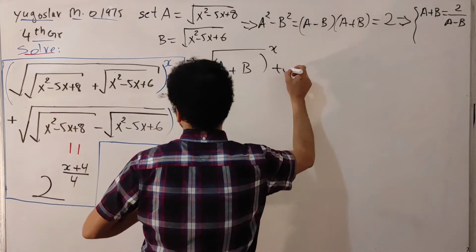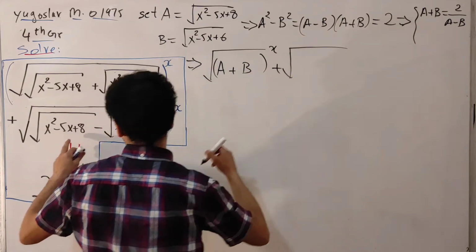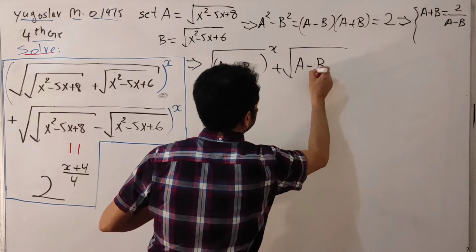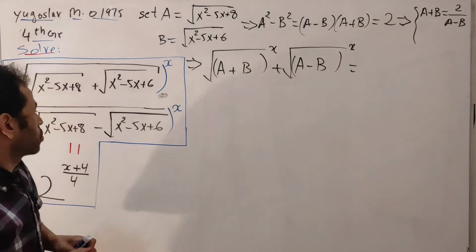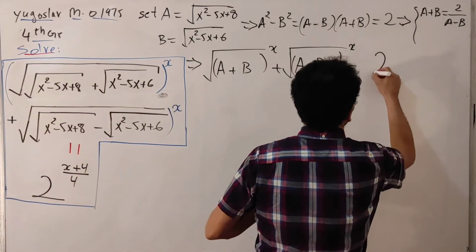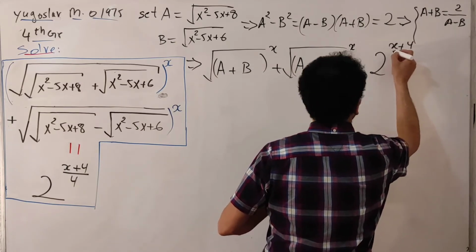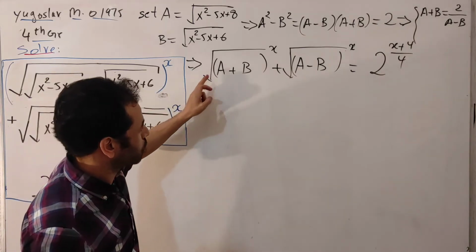For the second square root, I will have also A, but for this one I have minus instead of plus, raised to the x. For the right hand side of this equation, it equals 2 to the x plus 4 over 4. Now this equation is reduced to this expression.